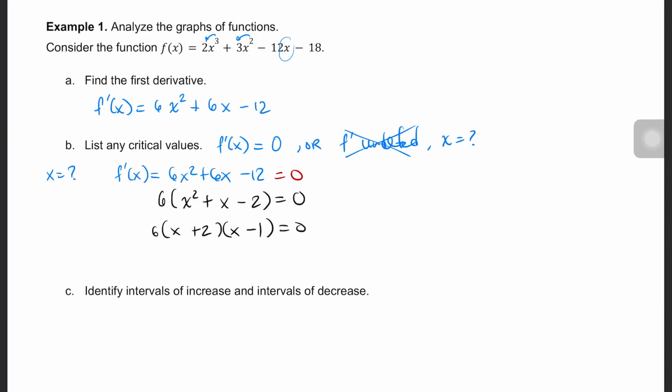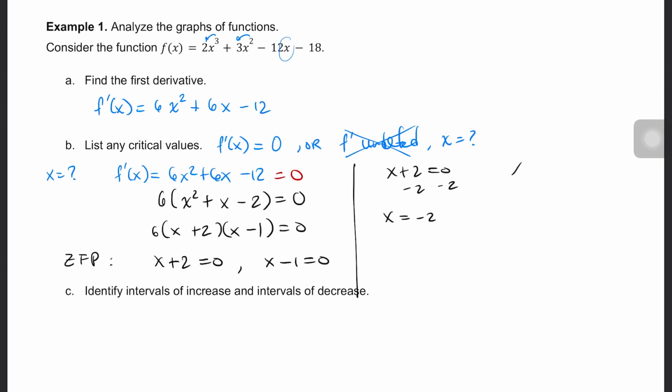And so there you go, we have factored this out. From here we're going to use the zero factor property to isolate these two factors and set them equal to 0, right? That implies x plus 2 equals 0. By subtracting 2, we get x equals negative 2, and for the other one, by adding 1 we get x equals 1.